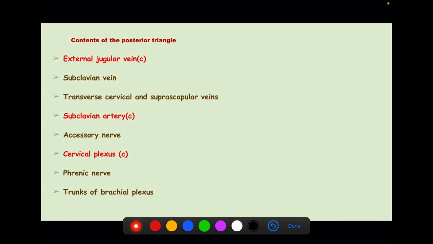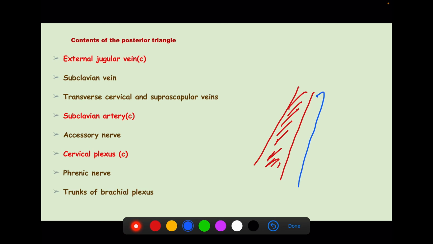Now we are coming to the next triangle, called the posterior triangle. We all know the position of the posterior triangle because it's in between the sternocleidomastoid, as I told earlier, and this one is the trapezius muscle.